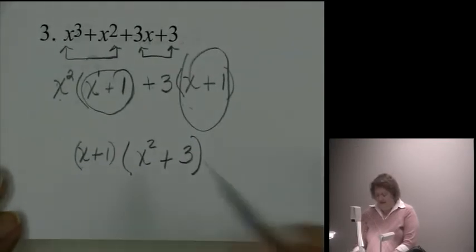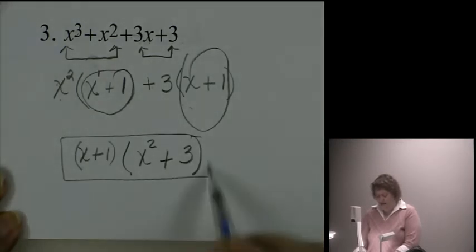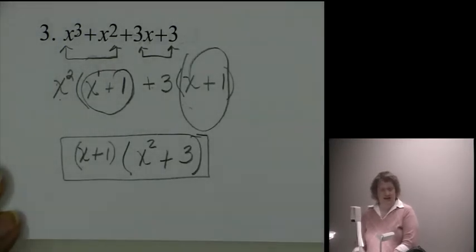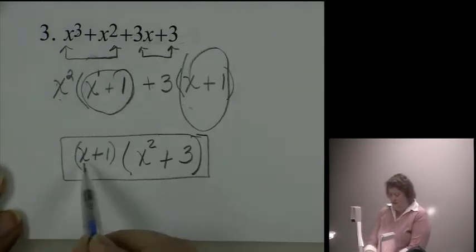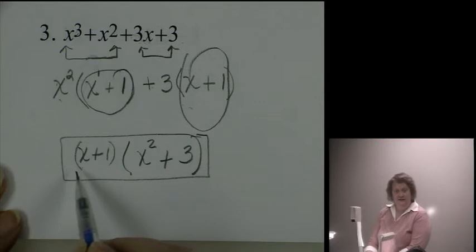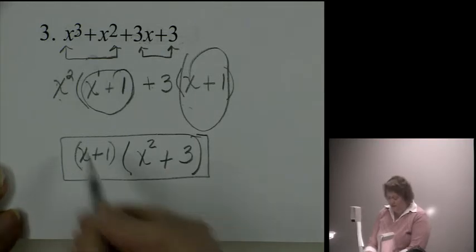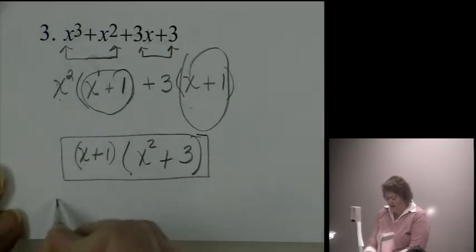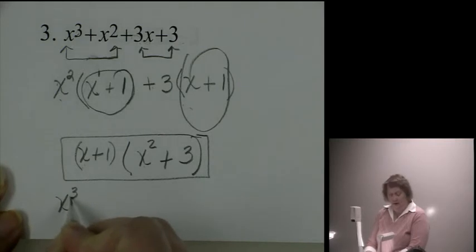Now, this is the answer, but let's do a quick check, because that's the nice thing about factoring, is it can be checked by multiplying it back through, and if we multiply it back through, we should get what we started with. So I'm going to multiply it back through using our FOIL method. Our first, x times x squared, which gives me x to the third.